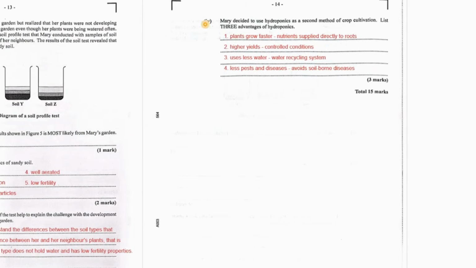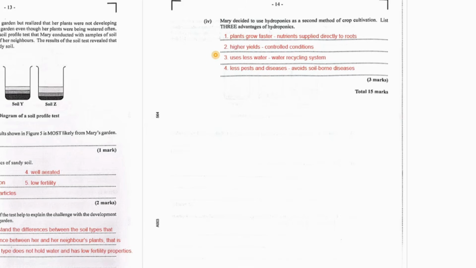Then part four. So Mary decided to use hydroponics as a second method of crop cultivation. List any three advantages of hydroponics. So with hydroponics, your plants grow faster because the nutrients are being supplied directly to the roots. She's going to be using less water, as the system is based on a water recycling rotation.